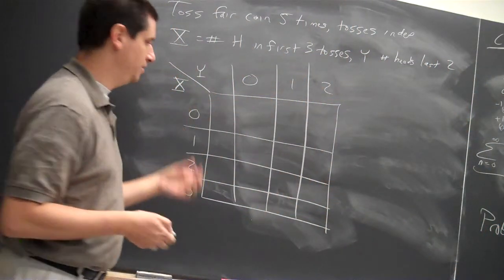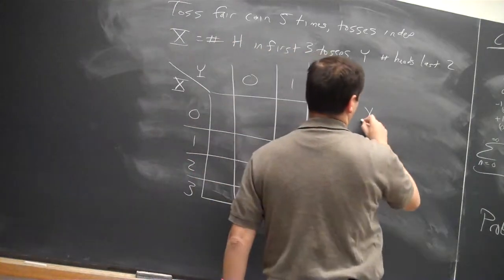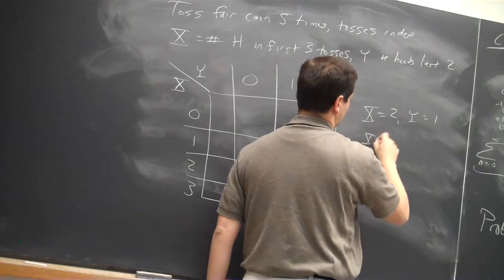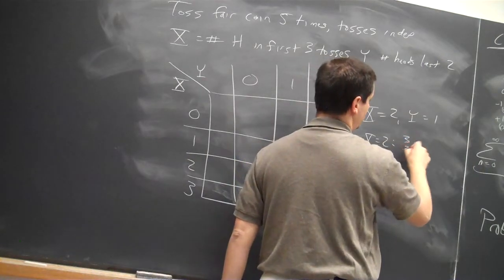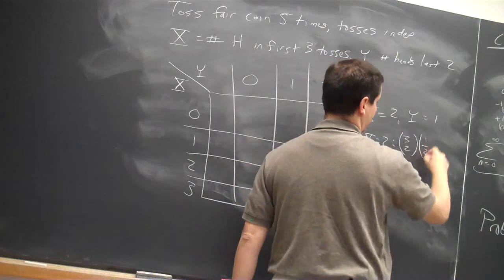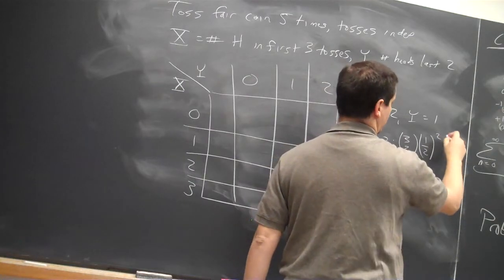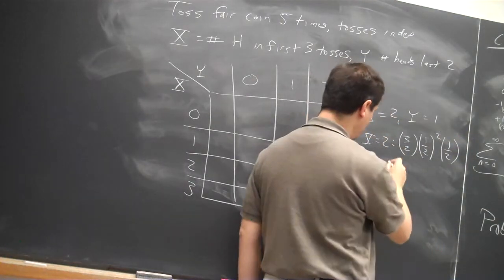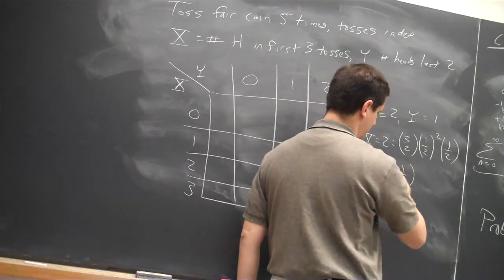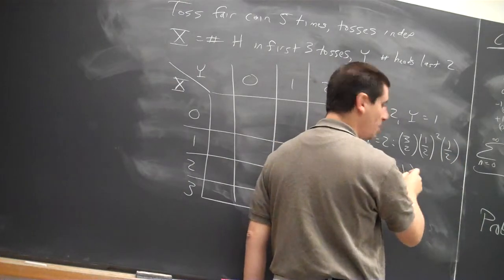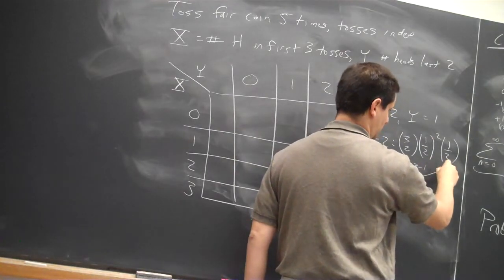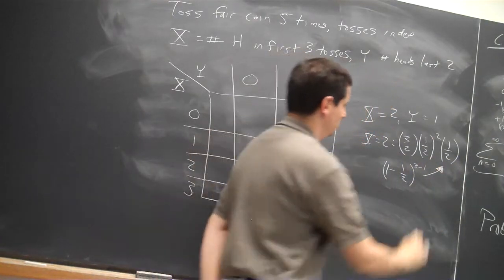Well, since it's a fair coin, so X equals 2, Y equals 1. X equals 2, I get 3 choose 2, 1/2 squared times 1/2. And if you really want to be overly pedantic and waste chalk, the second 1/2 is 1 minus 1/2 to the 3 minus 2.